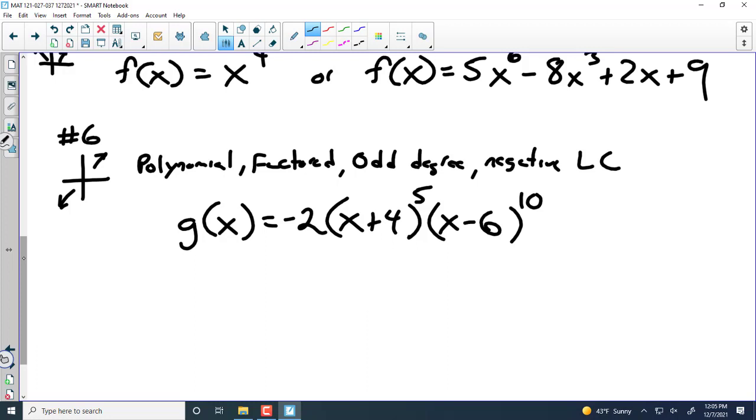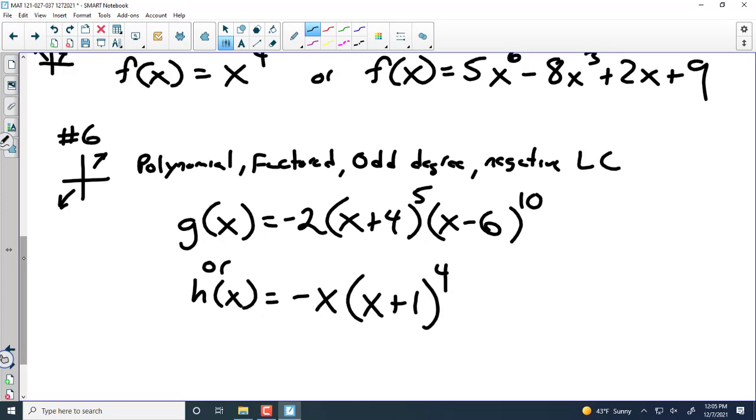Would just a negative sign work? Yeah, here's another example. You could have done this also. Or you could have done this: negative x times x plus 1 to the 4th. That one works just as well. Negative leading coefficient, odd degree, because 1 plus 4 is 5.